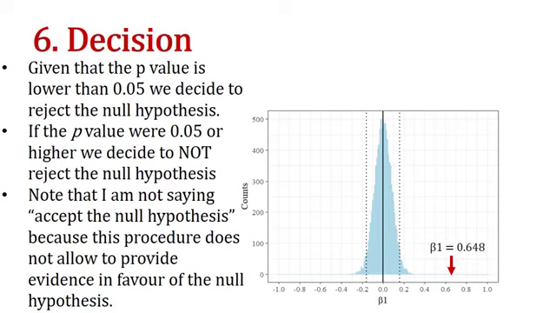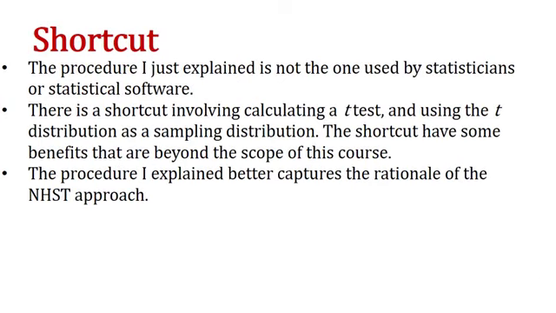So basically, we follow this procedure when we do NHST, but as I said before, the actual procedure uses a shortcut. It actually doesn't generate a distribution of beta 1s.